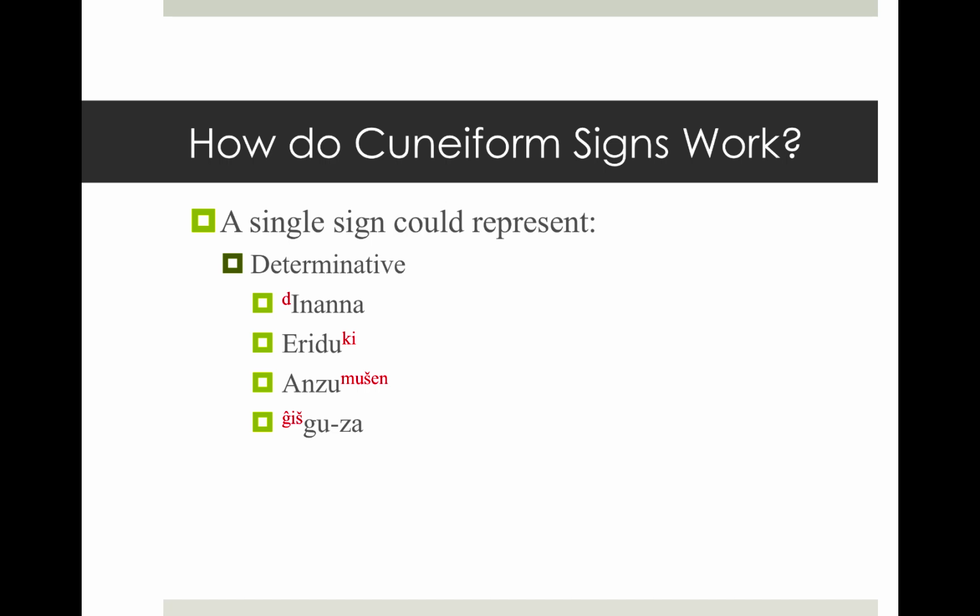So a cuneiform sign can represent just the word itself, like A2, house. It can represent a syllable. Well, let's use on, for example. I think that's the one that Megan used. On can mean heaven or sky. As a word, it can mean on.